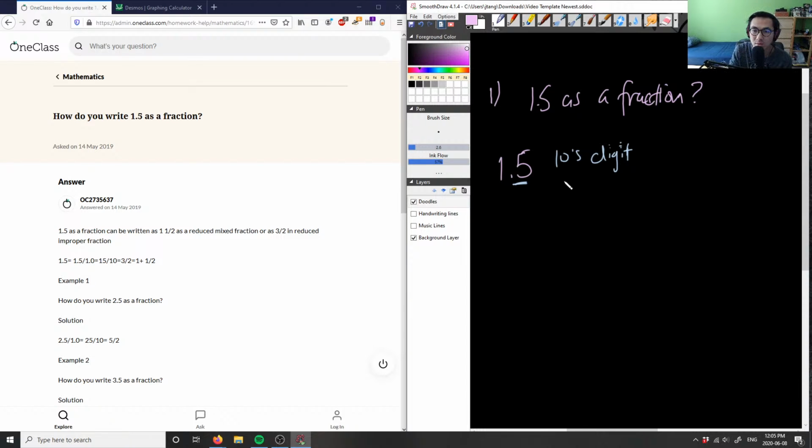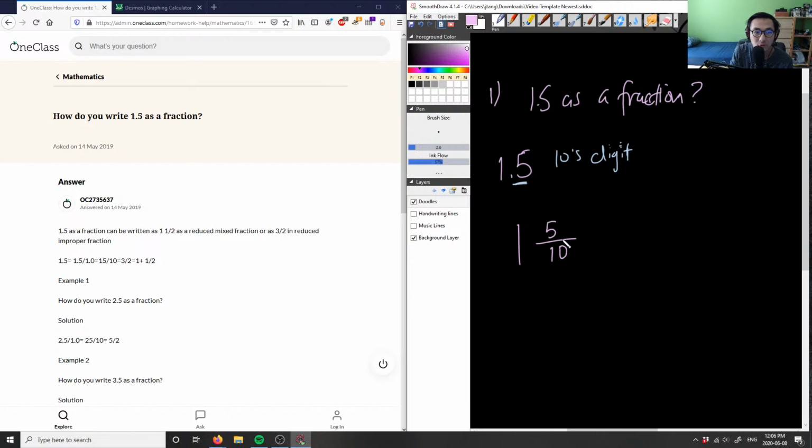So this here is a 1, and then this 0.5 is going to be 5 over 10, because whatever is in the decimal is my numerator, and the denominator depends on the digit where this decimal falls in. In this case, this is in the tenths digit, so this is going to be over 10. So we have 1 and 5/10.